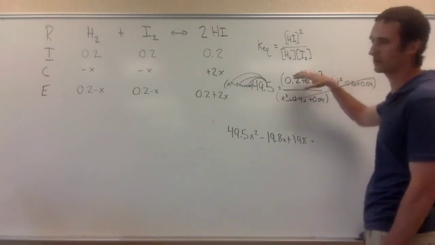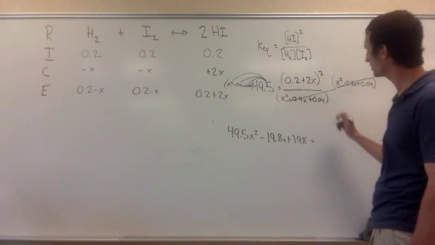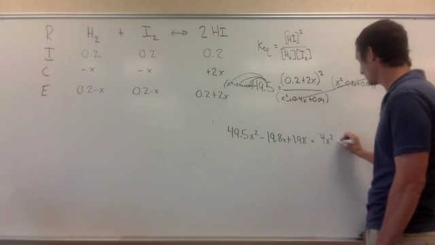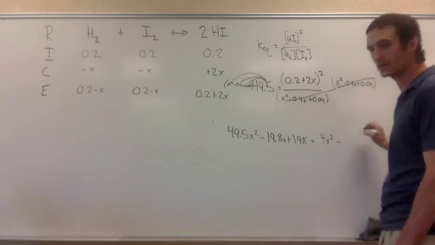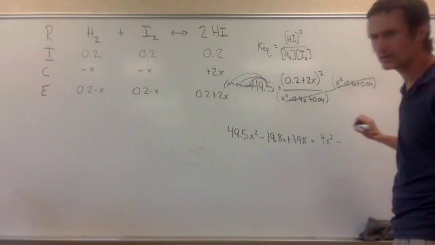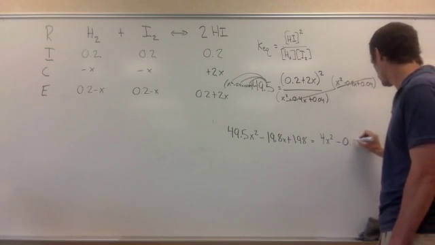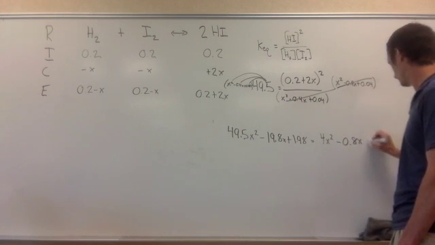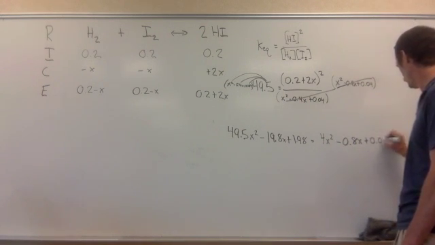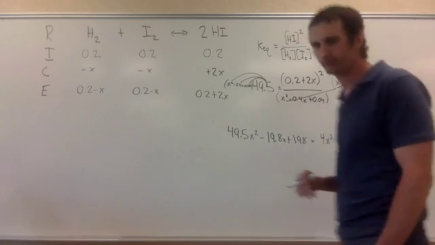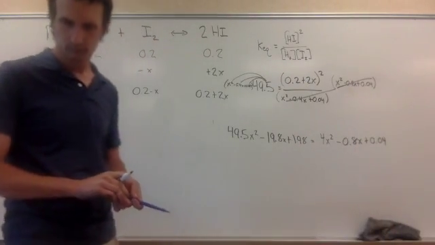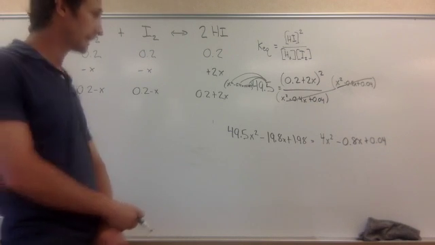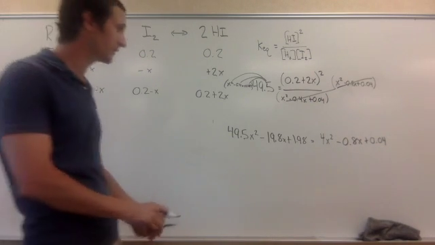So again, that's math that I feel like you could do. That turns out to be 4x squared minus, I think it was 0.8x plus, right? We're almost there. I got to get everything set equal to 0.